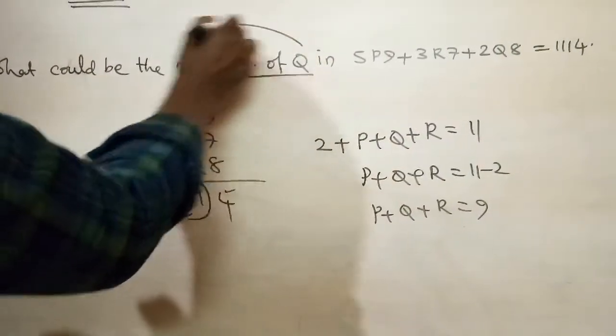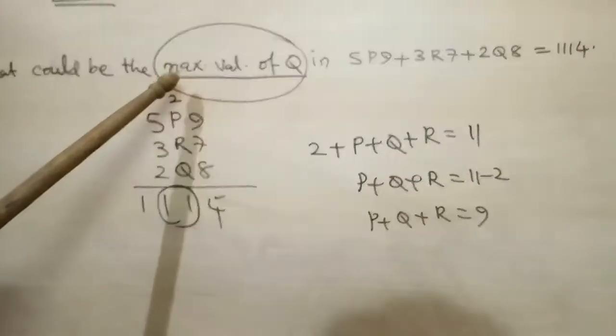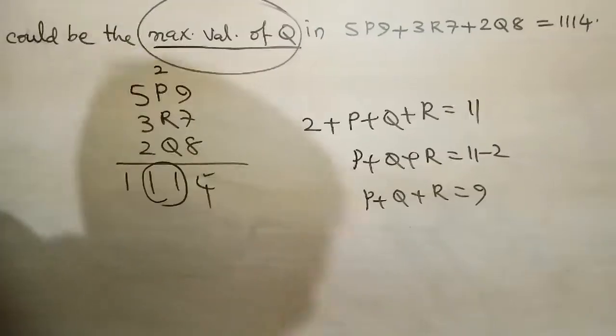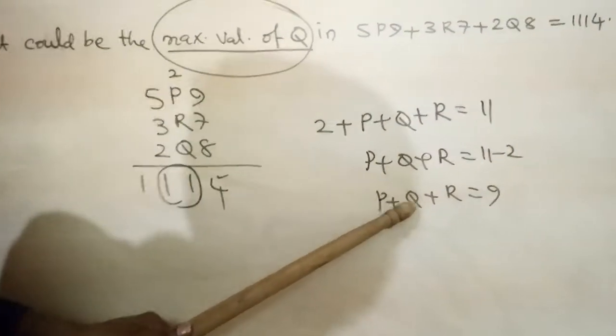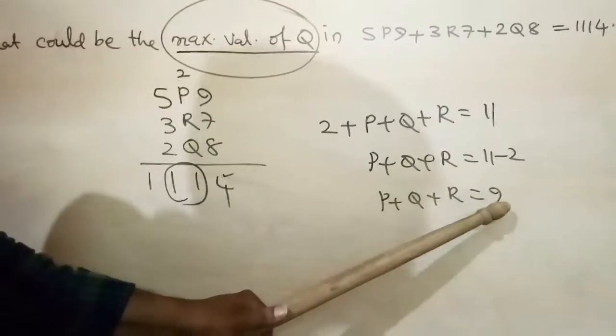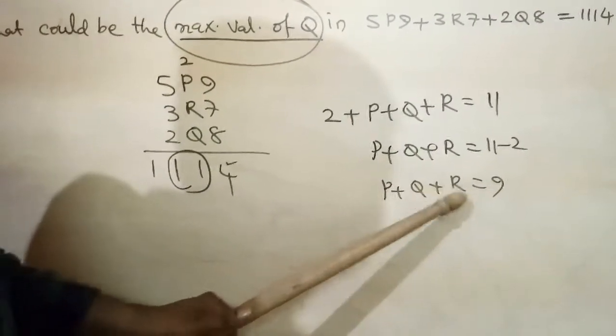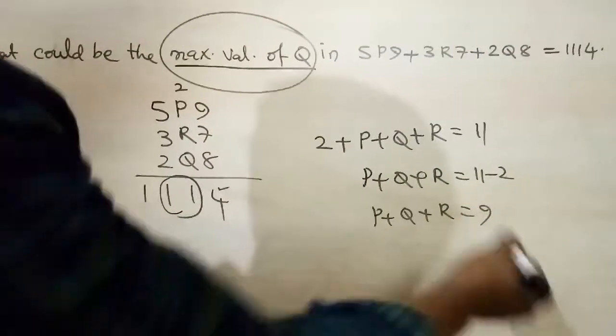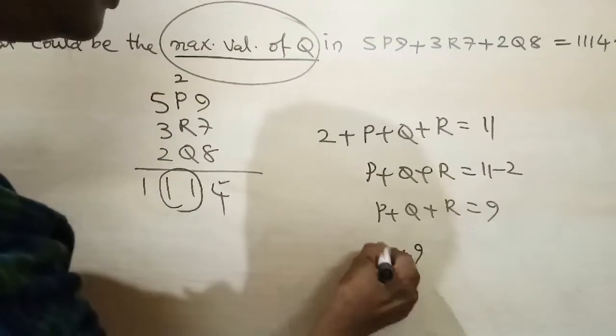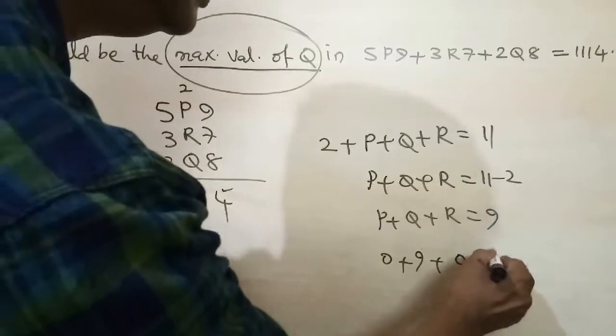Here we have to find what is required. What is the maximum value of q? That is what is asked. Here the sum of three numbers should be equal to 9. To make the sum of three numbers 9, you can make it like this: 9 plus 0 plus 0 is 9.